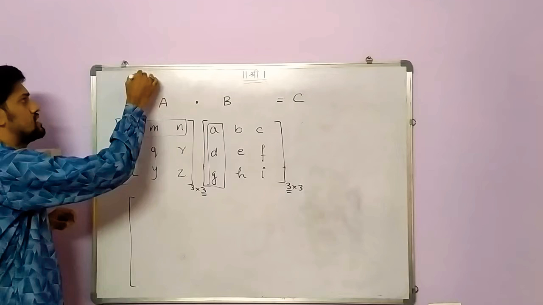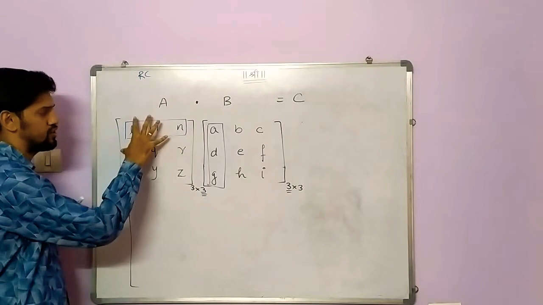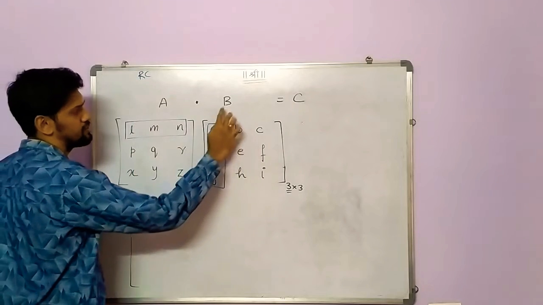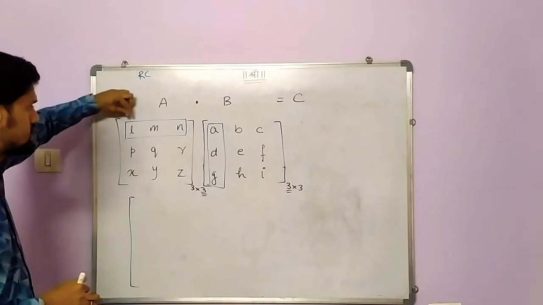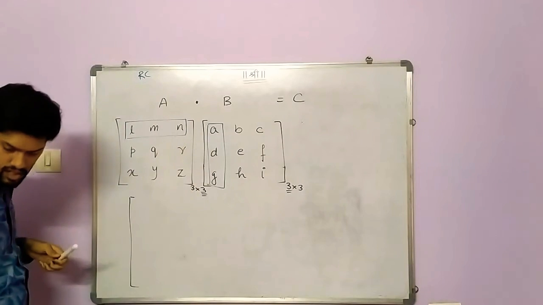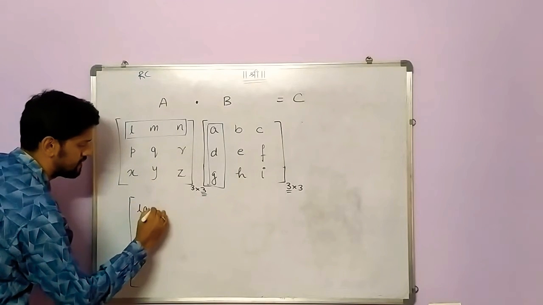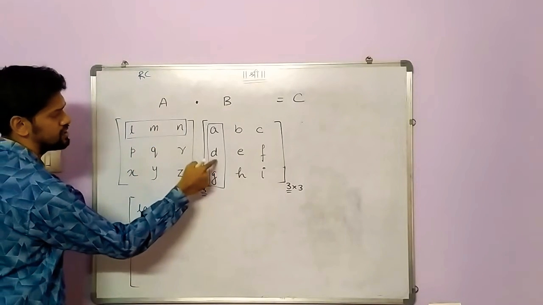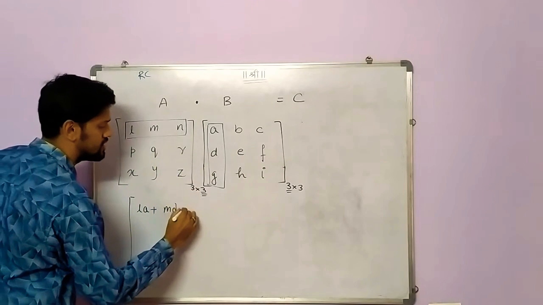Remember RC. We are still following that RC. Row from the first one, column from the second one. Row first, column second. What I'll do is I'll multiply this L with A, L into A, plus M into D, plus N into G.